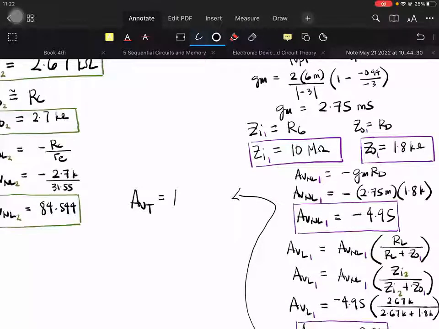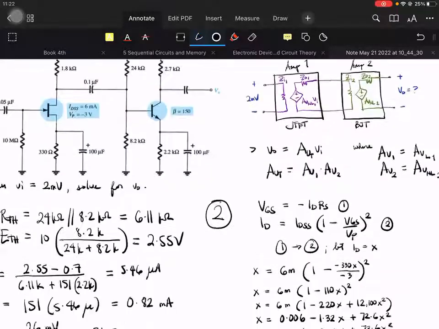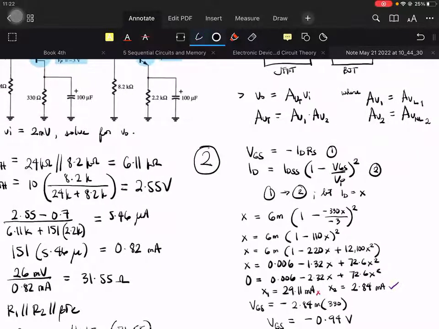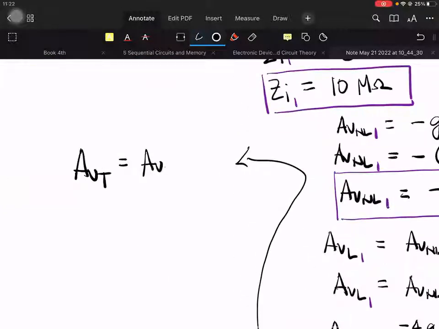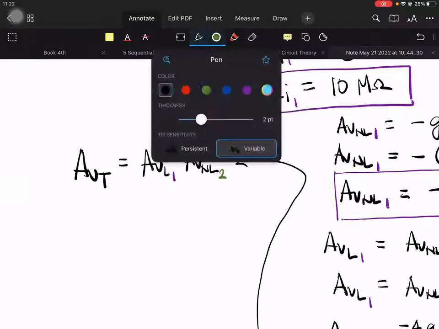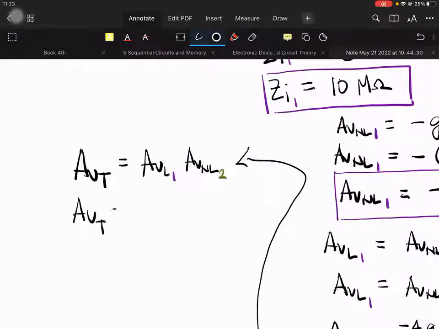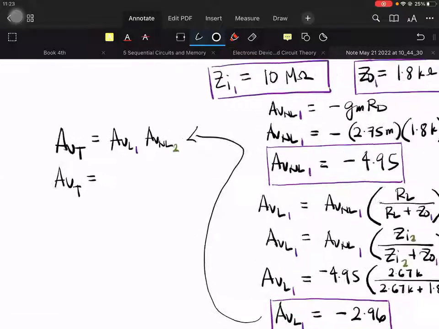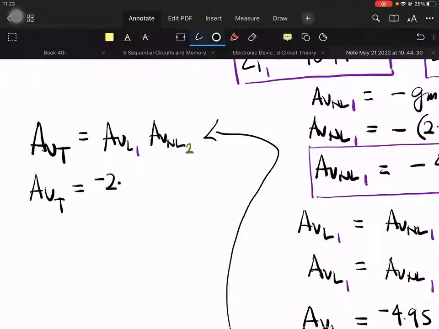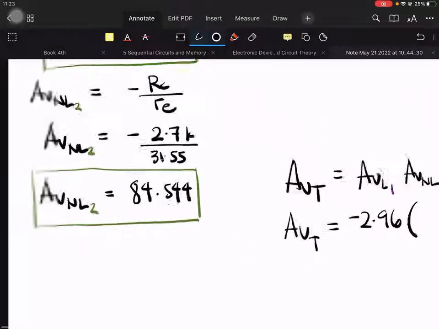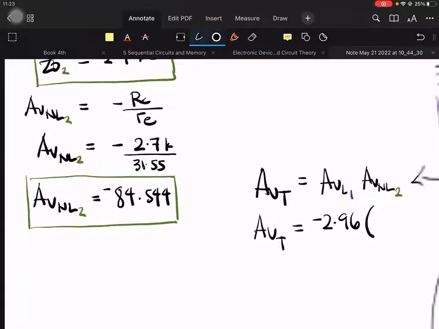AVT is AVL1 times AVNL2. Negative 84.54.